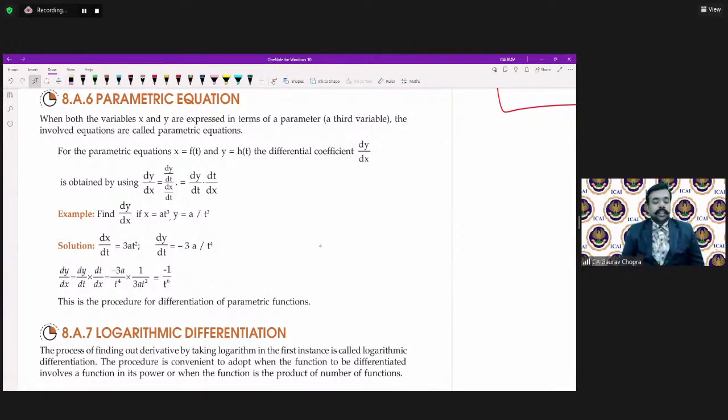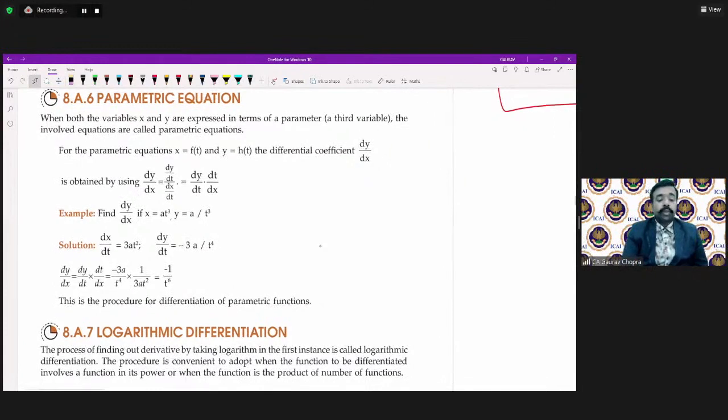So in today's class, we will be starting first of all with the parametric equation, because in the previous class we just finished with the implicit function and all those basic formulas. Right now we will be discussing what is the parametric equation and how to solve such kind of question, right?